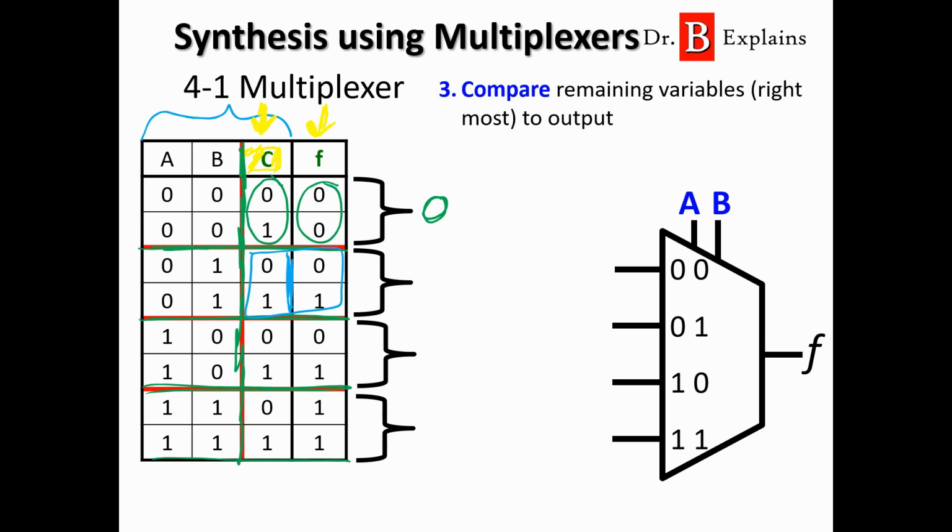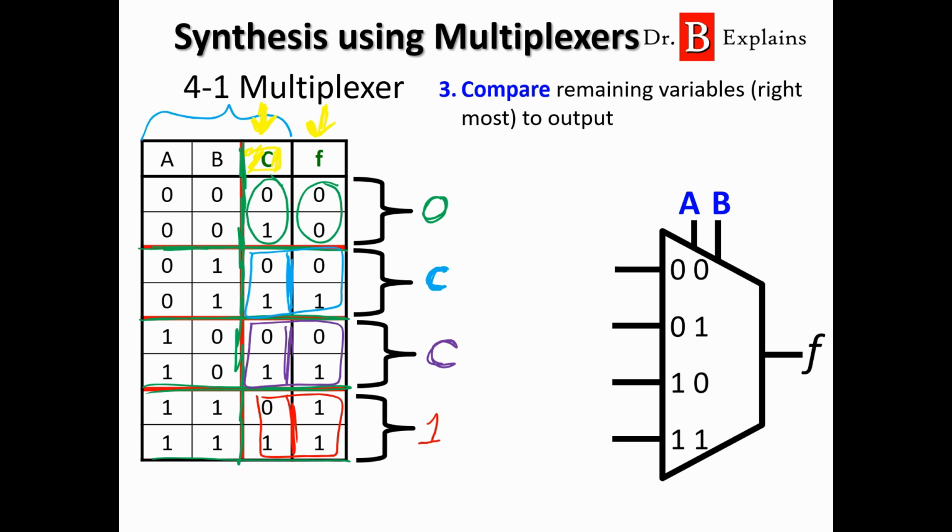If C is 1, F is 1. So F is equal to C. It's just following whatever C is. What about the next block right here? Similar: F is following the value of C. If C is a 0, F is also a 0. And then what about the last one? I have F always a 1. C is a 0, F is a 1. C is a 1, F is also a 1. So we have a 1.